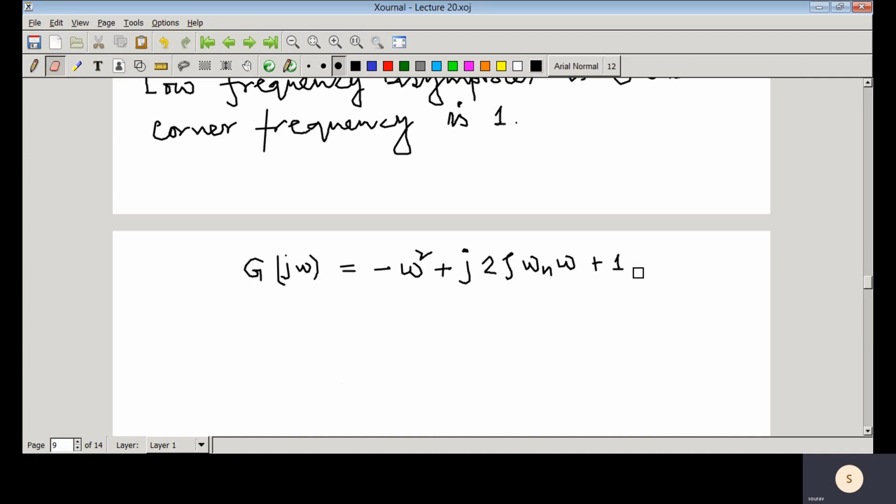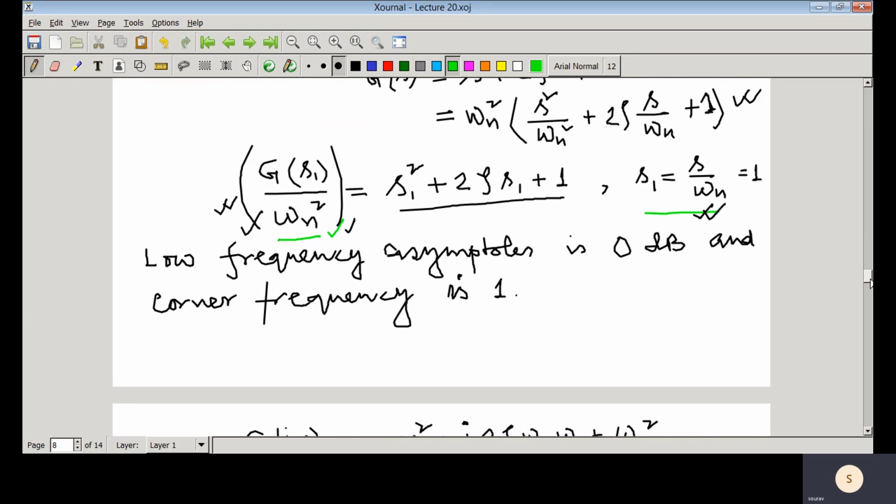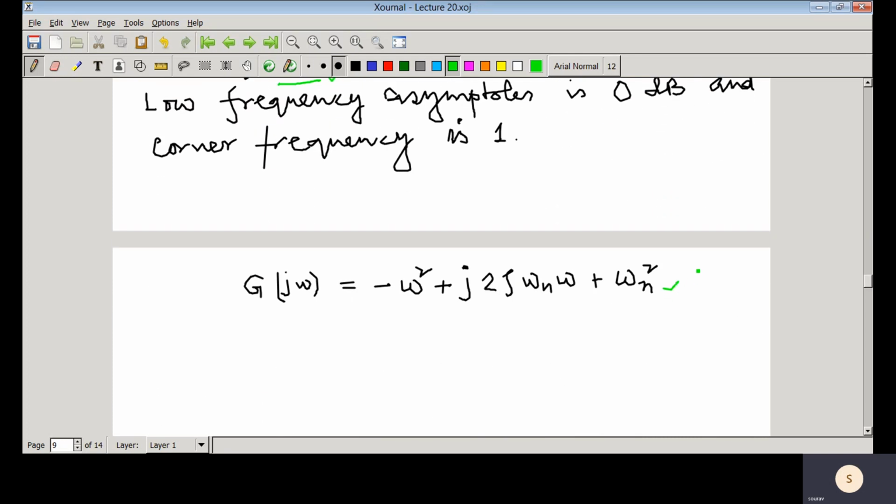Sorry, that would be omega n square, because we can see here that in place of s you replace j omega. So the first one is minus omega n square, this one is minus omega n square, and here j omega and omega n square would be there. So we have this factor.